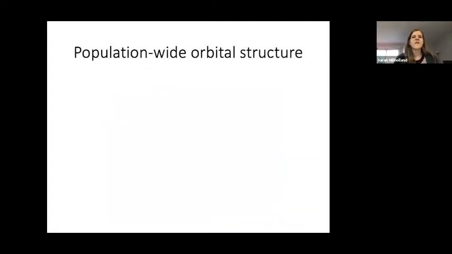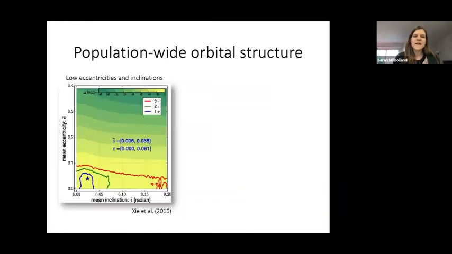If we look at these same features on the scale of the whole Kepler multi-planet population, we see that this orbital structure continues. Systems as a whole tend to have pretty low eccentricities and inclinations, as we can see in this heat map of the average eccentricities and inclinations that occupy this fairly low bottom left regime.